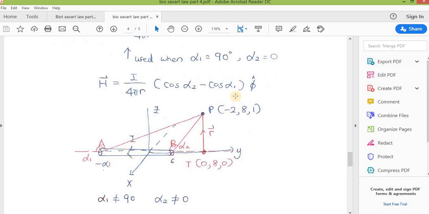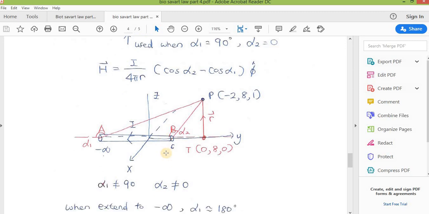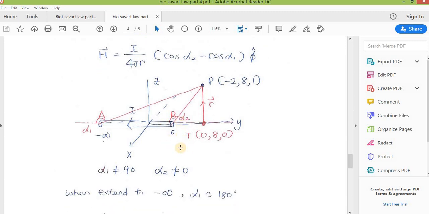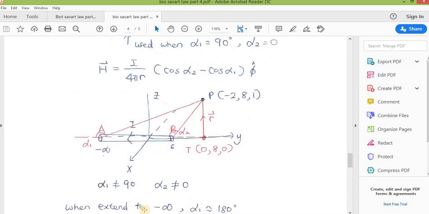First of all, I have to link the observation point with the ends of the current filament. This one will be your point A, which has the smaller value, and this one is your point B. So alpha 1 is here and alpha 2 is here. In this situation, alpha 1 is not 90 degrees anymore.